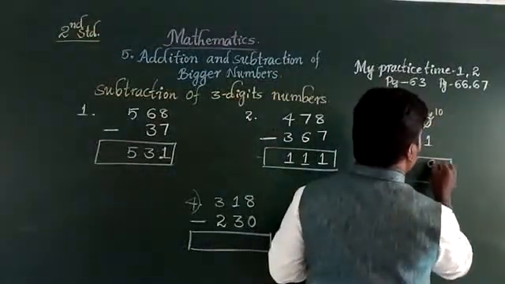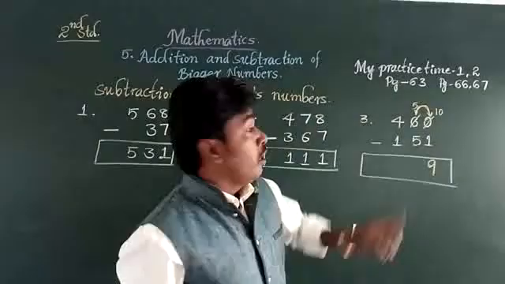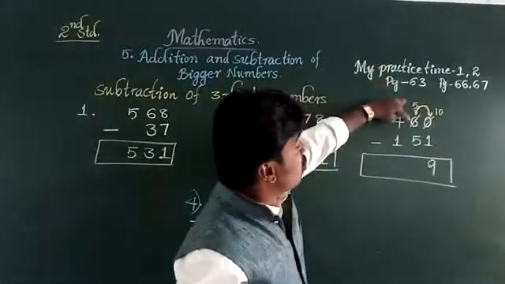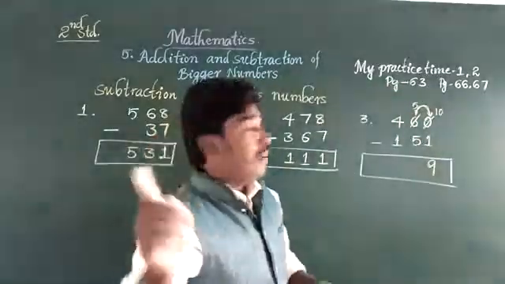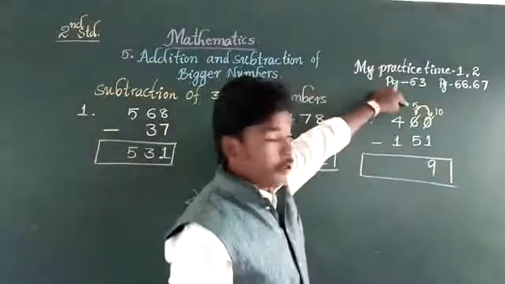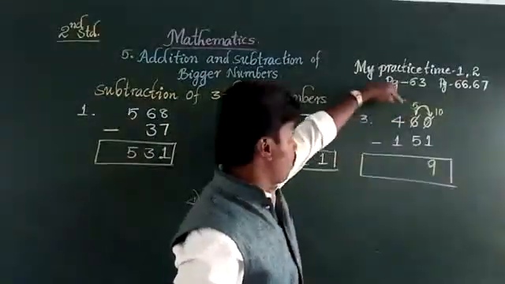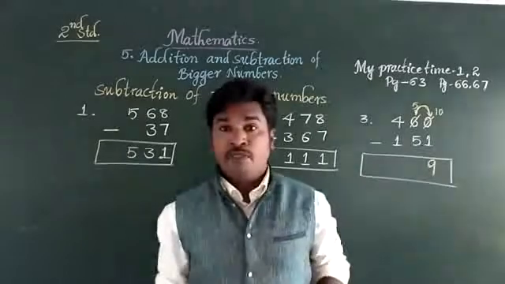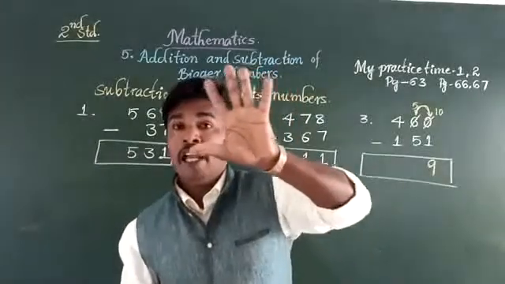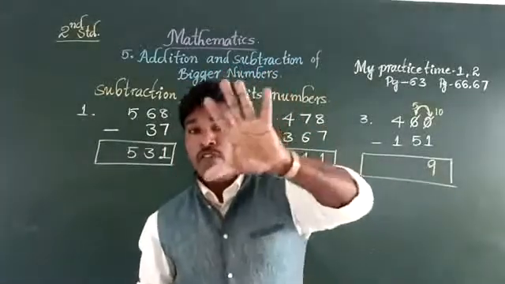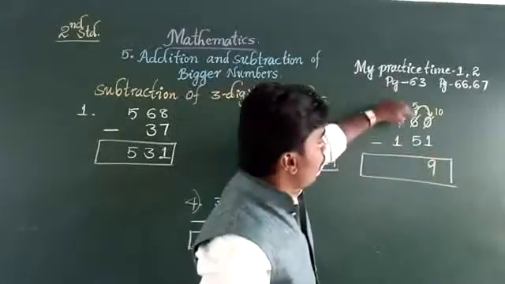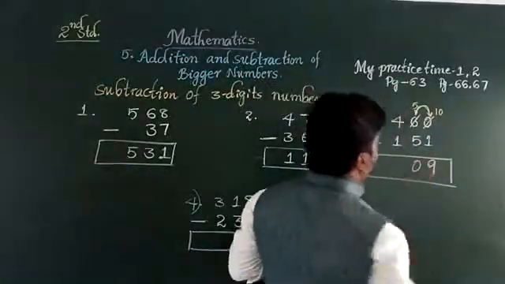Write it in the ones place. Dear children, in the next place, 6 changed to 5. You should always consider this changed number. Don't take the old number. 5 minus 5 becomes 0.